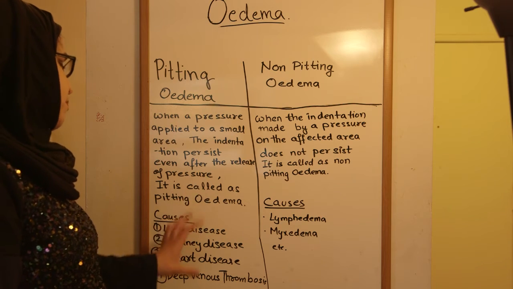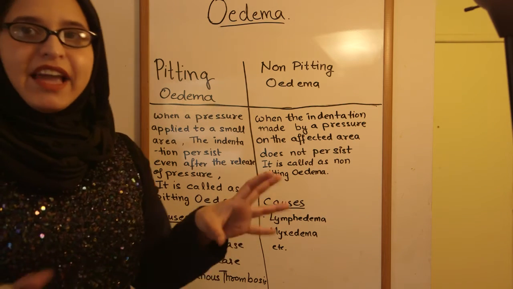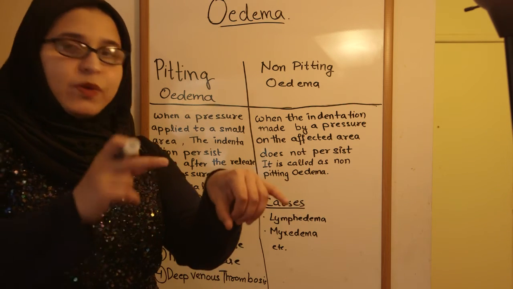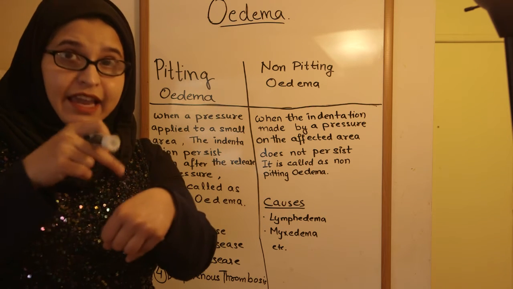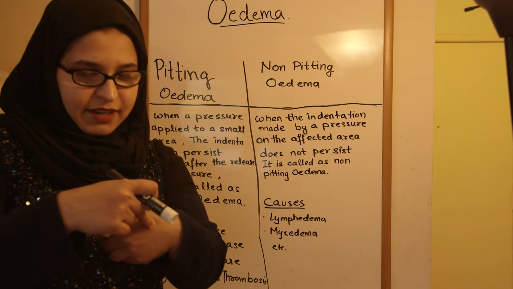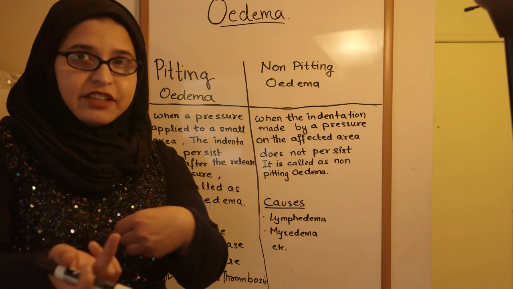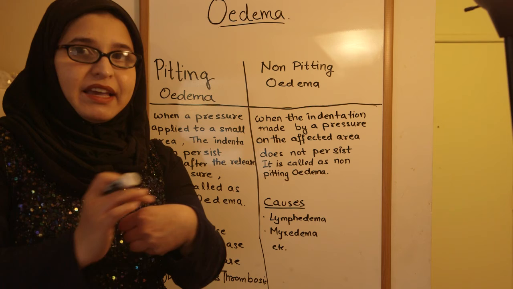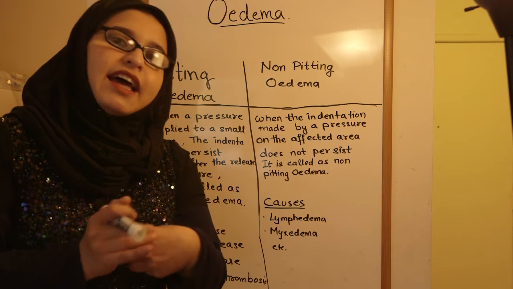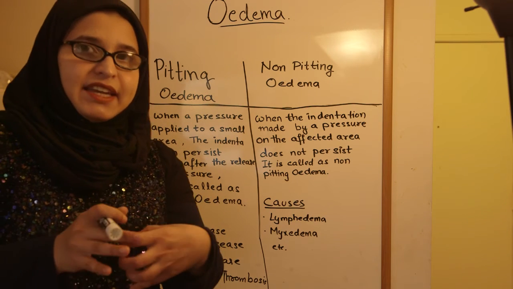It is called as pitting edema. Whenever there is an edema and we press that particular area on the edematous part, and if we remove it, and still the indentation that we made from our finger persists there, then that edema is called as pitting edema.